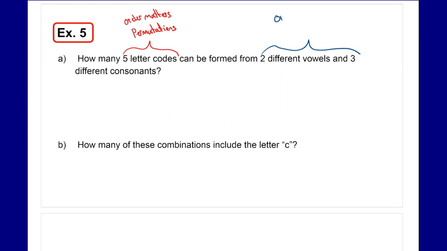So in this case, for this part, order does not matter, which means we're doing combinations. So in this case, we have to do 2 parts. First, we're going to do our combinations. So how many ways can we choose 2 different vowels and 3 different consonants, and then we're going to look at the order.